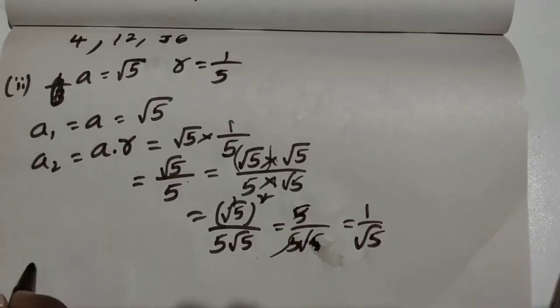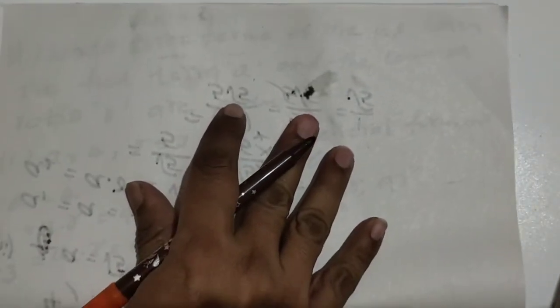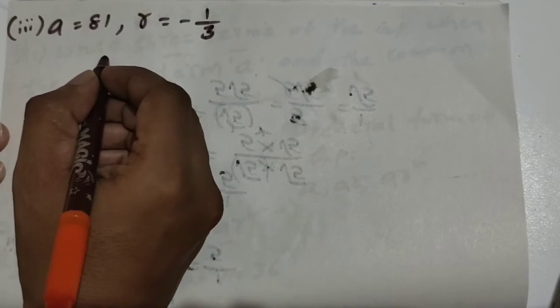Now the next one, third sum. A is equal to 81 and our common ratio is minus 1 by 3.